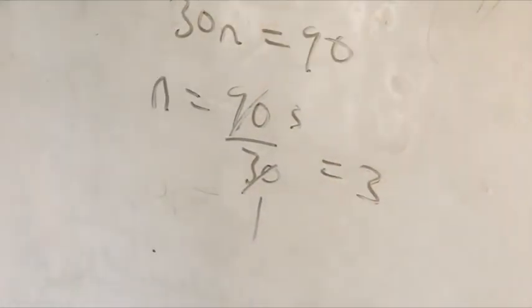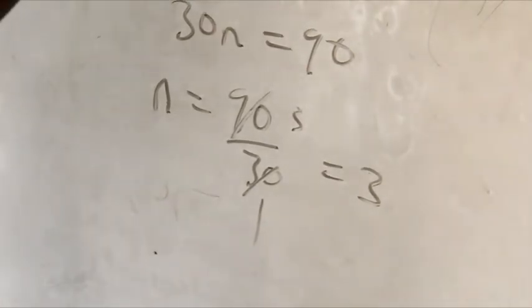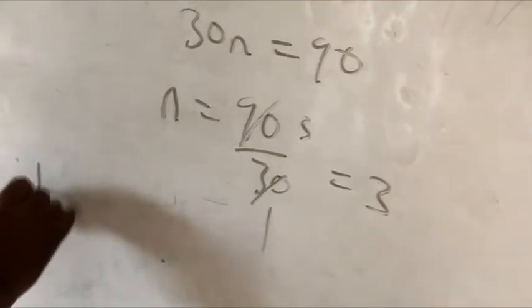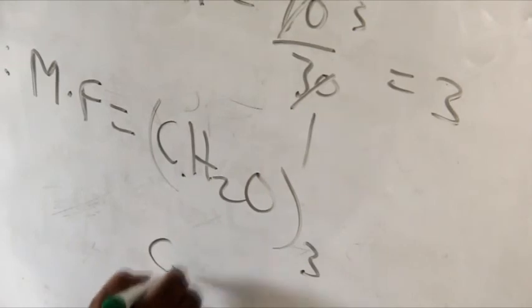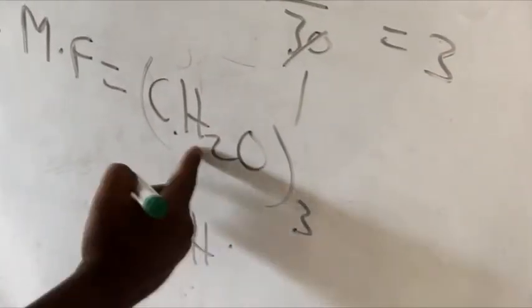Now bring back the empirical formula. Therefore, the molecular formula will be equal to CH2O into 3, where 3 is the n. So we have C3, H 3 times 2, which is 6, and O3.